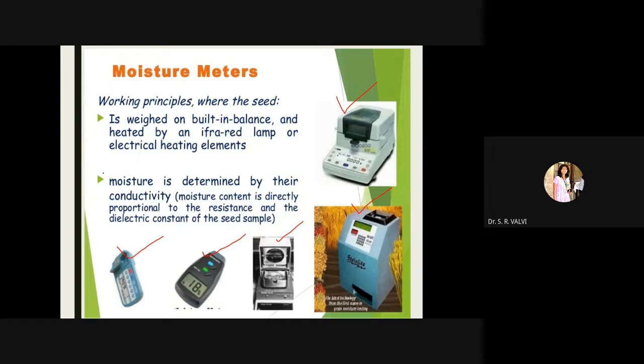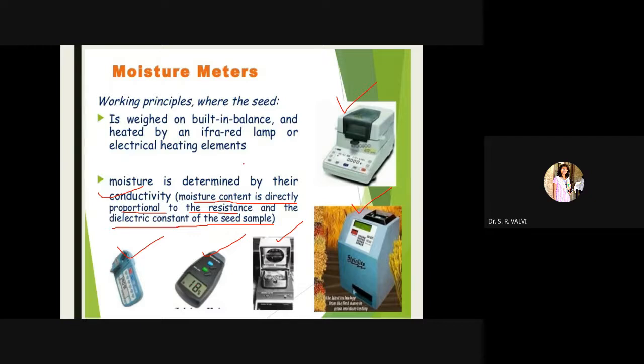This moisture meter determines by conductivity, meaning moisture content is directly proportional to the resistance and the dielectric constant of the seed sample. So here moisture content is directly proportional to whom? To the resistance and dielectric constant of the seed sample.